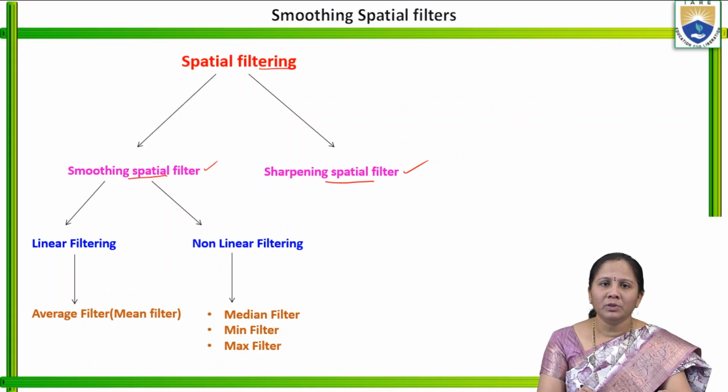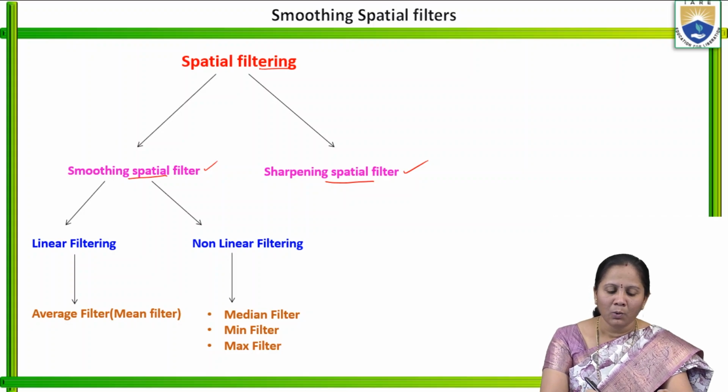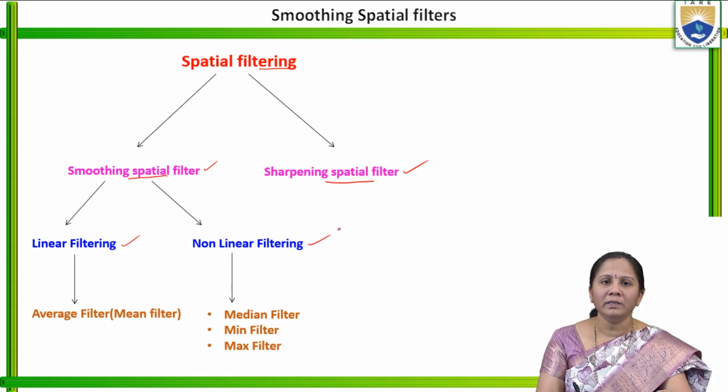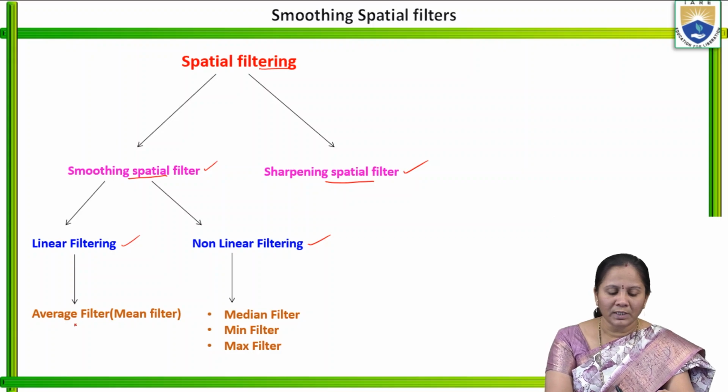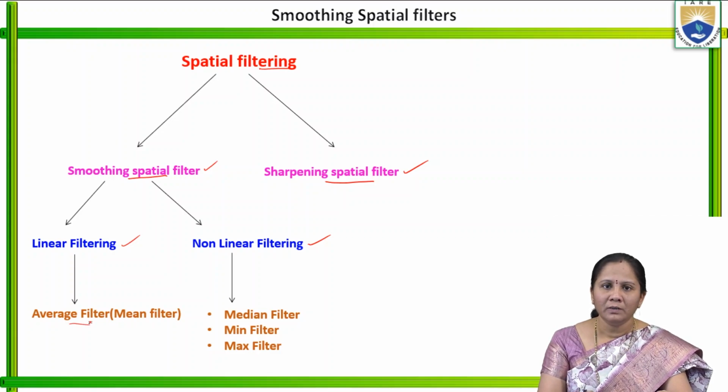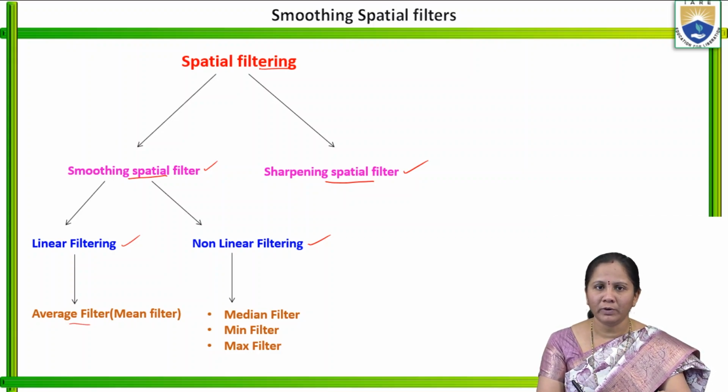In this smoothing spatial filter, again we have two categories: one is linear filtering and another one is non-linear filtering. Under linear filtering, we are going to see the average filter, which is also called the mean filter.